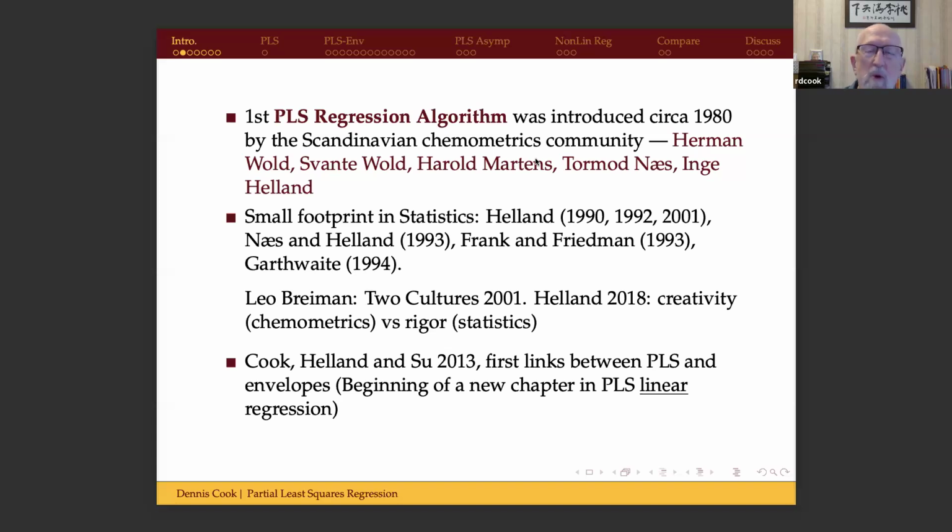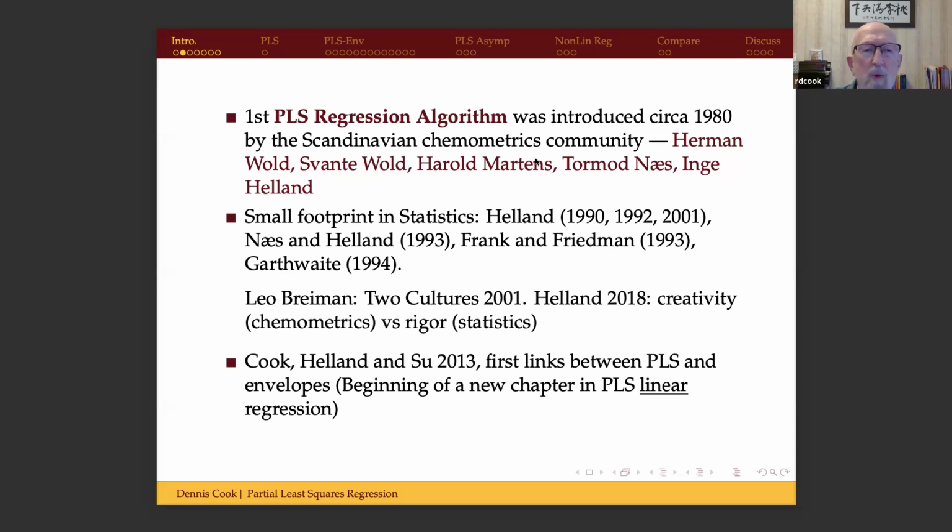When I think of that community, I think mainly of Herman Wold, of course, and Svante Wold, his son, Harald Martens, Tormod Næs, and Inge Helland. There are lots of people from the Scandinavian chemometrics community that contributed to this methodology, but those happen to be the 5 people that I think of when I think of PLS.